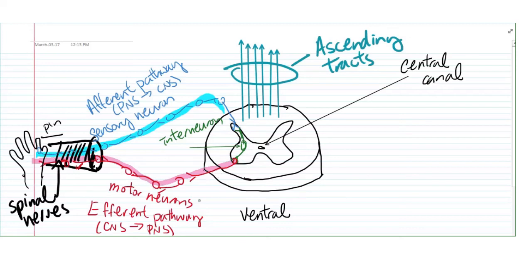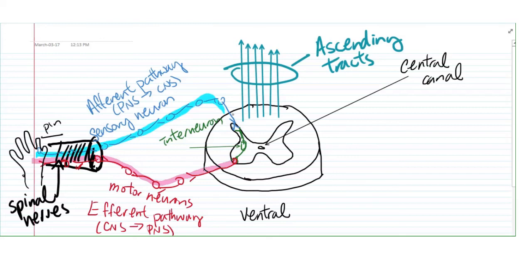So a lot of times we don't realize we just touched a sharp object until after we remove the hand, and that's the reason. By the time you remove the hand, the signal is still on the way up to the brain. And when it gets to the brain, it's going to process that information.